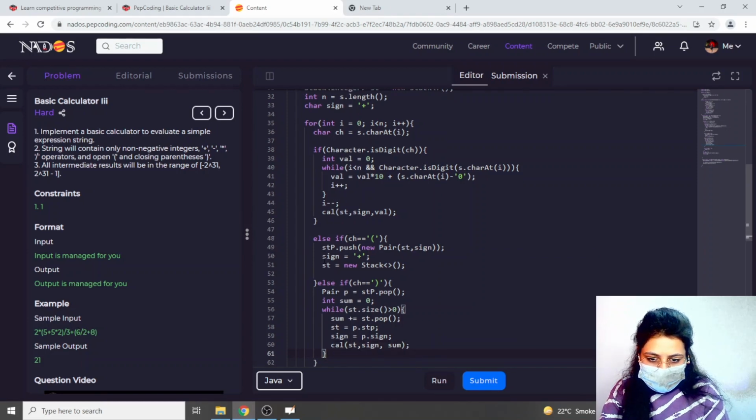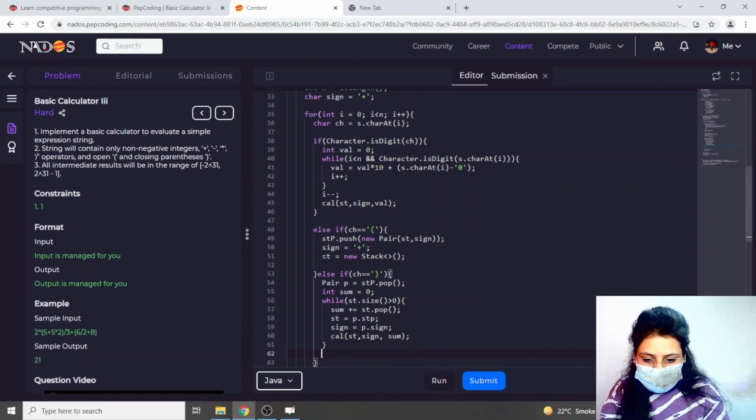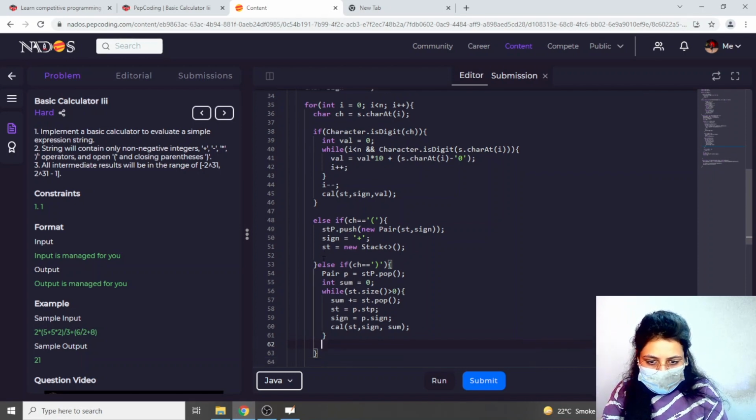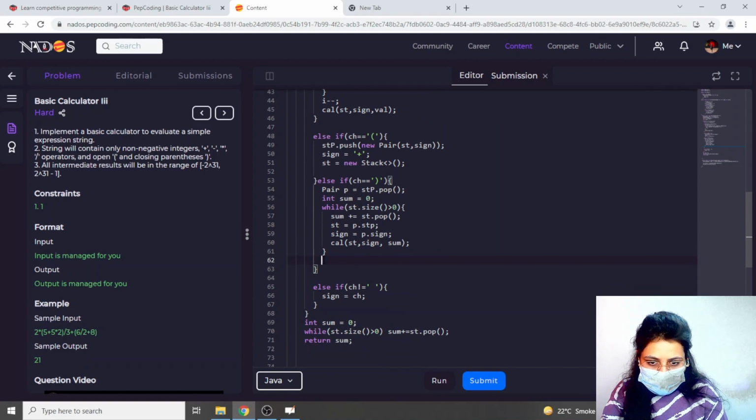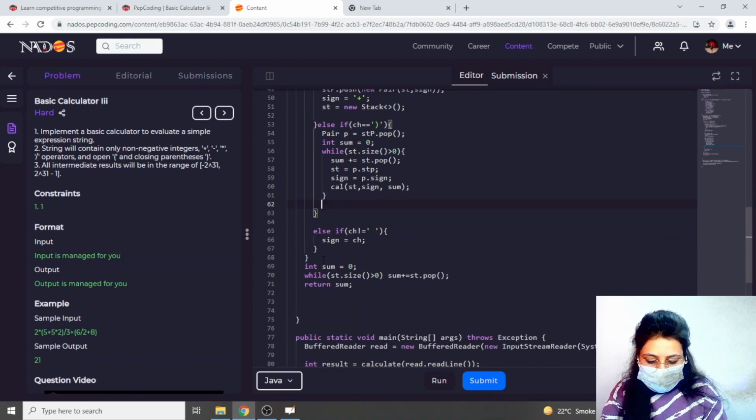Okay, next what we will have is, this condition is already there, I think, else is ch. Okay, so let's run the code and see if it's correct or not.